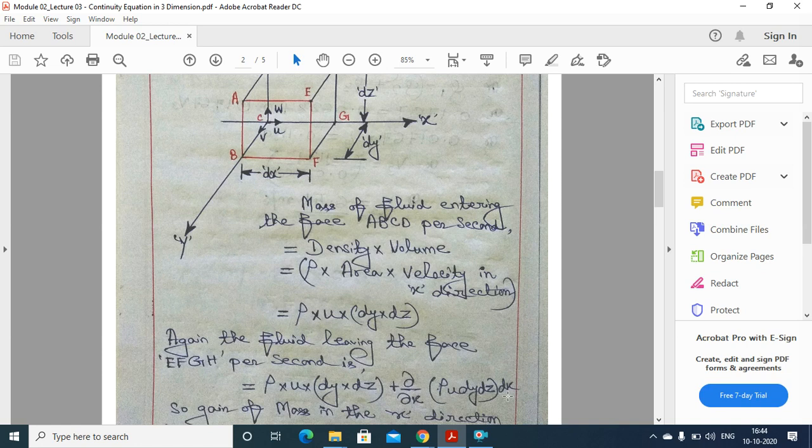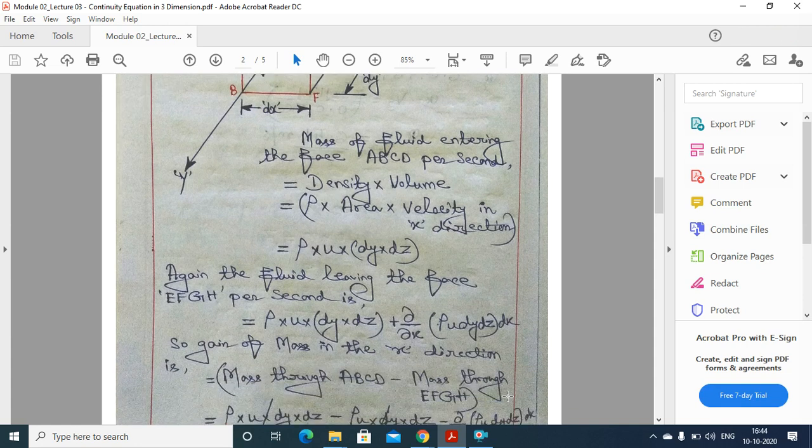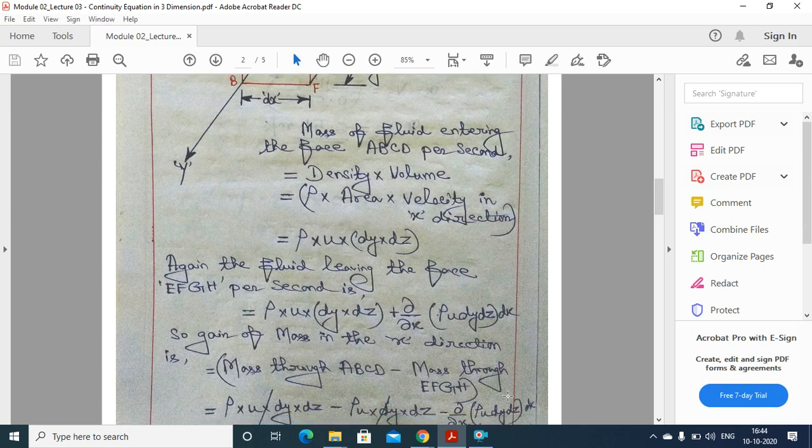Now the mass gain. The gain of mass in x direction will be the mass entering through ABCD minus the mass leaving through EFGH.